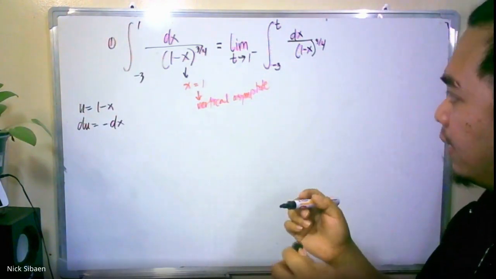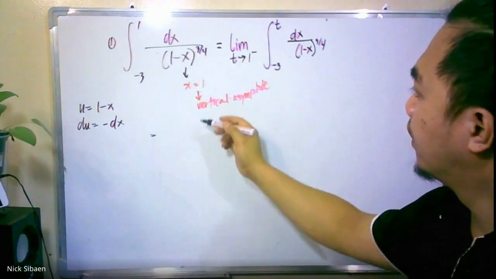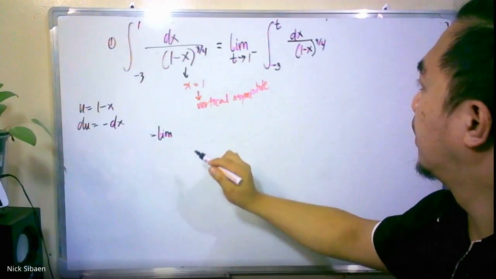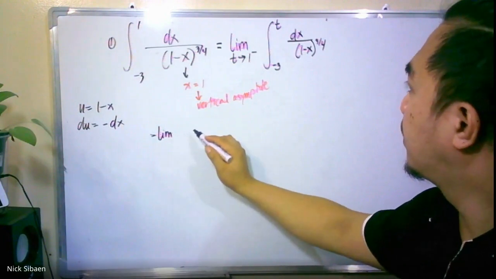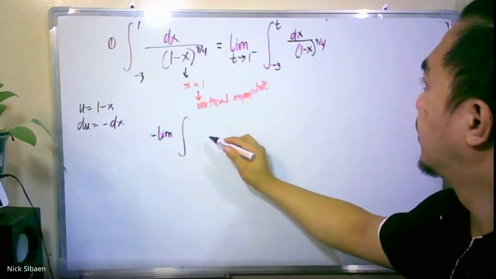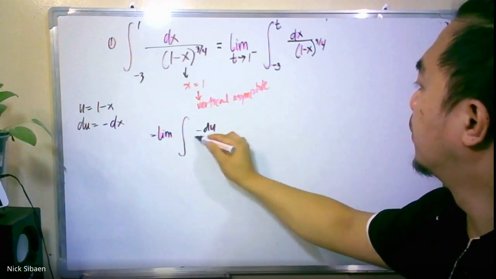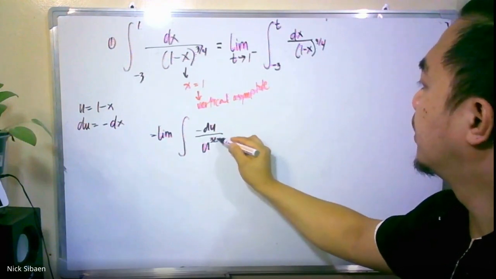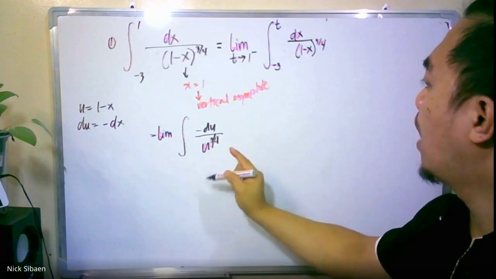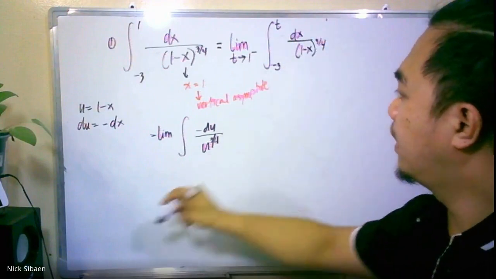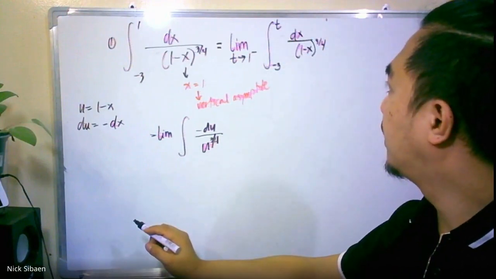Kaya magiging negative lang yan. So, if we do that, magiging limit of, magiging negative du lang siya, negative du over u raised to 3/4. How about the limits? Kailangan nating palitan yan.